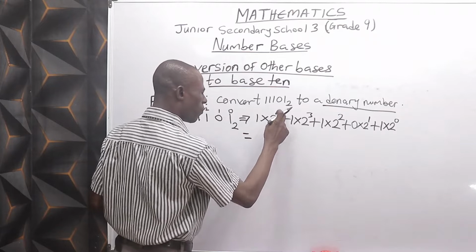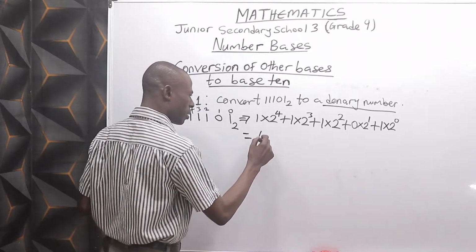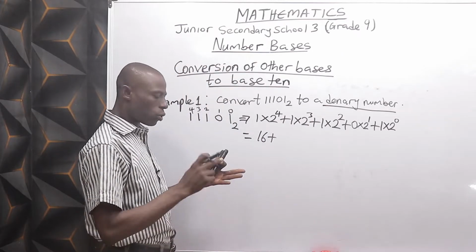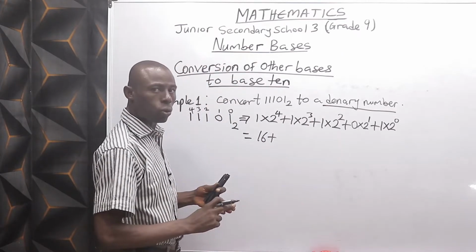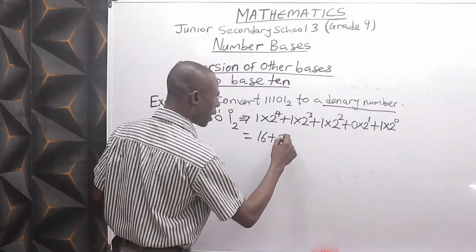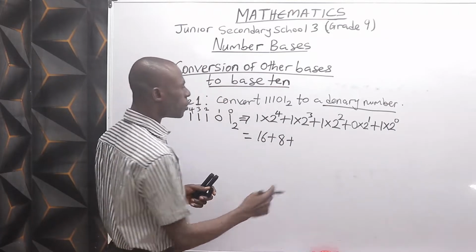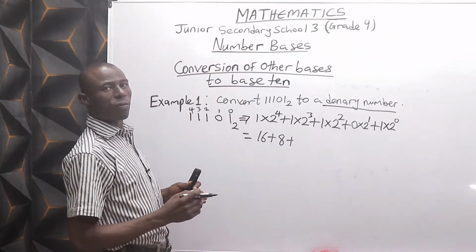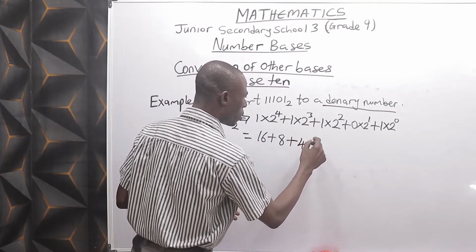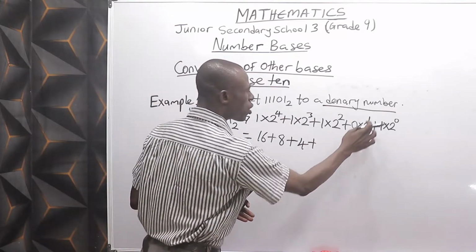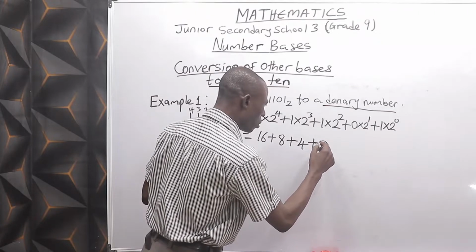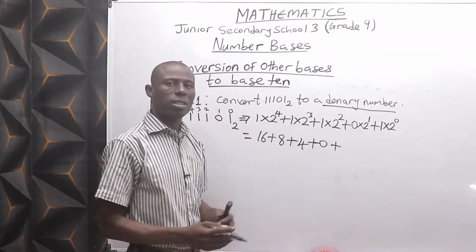So 2 raised to power 4 is 16. 16 times 1 is 16, plus 2 raised to power 3 is 8. That is 2 times 2 times 2, 2 in 3 places. So 8 times 1 is 8, plus 2 raised to power 2 is 4. 4 times 1 is 4, plus 2 raised to power 1 is 2. 2 times 0 is 0, plus 2 raised to power 0 is 1.